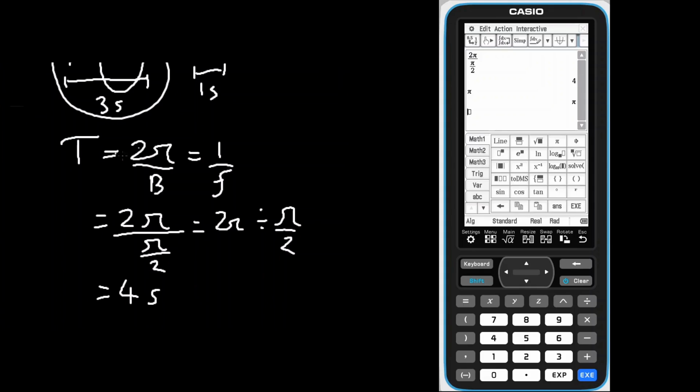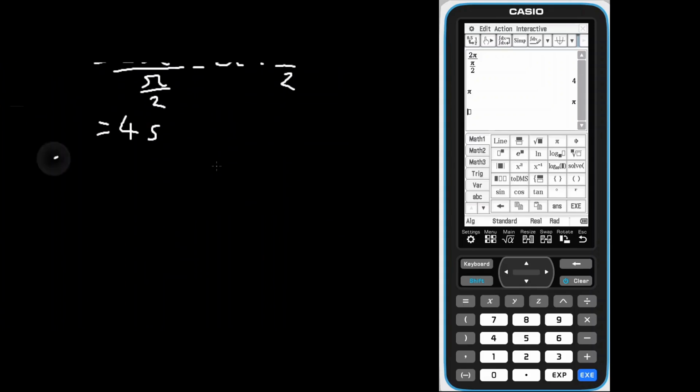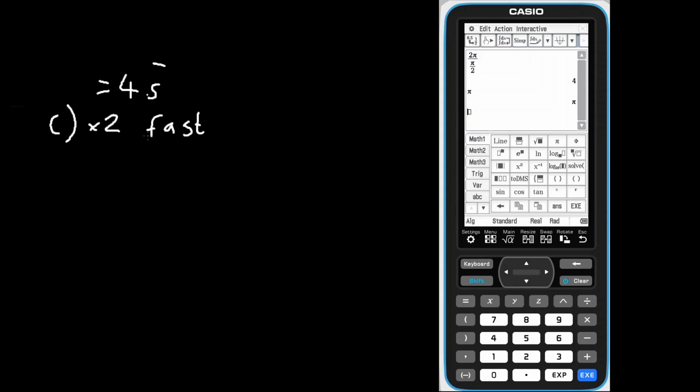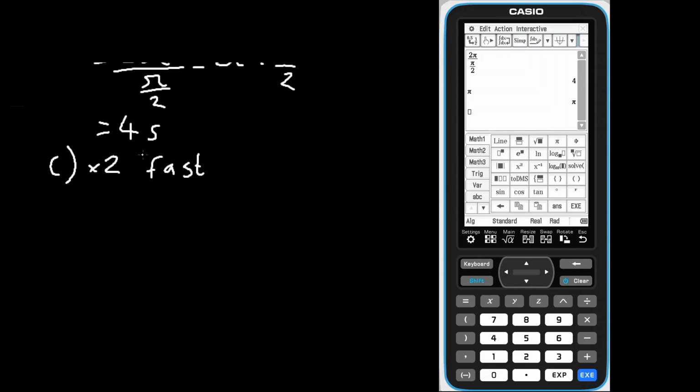Now, the next part, part C, asks us if the pendulum starts to swing twice as fast. So 2 times as fast. Write down the equation that models this. If you have a higher frequency, you move faster. So that value of b, if it goes up by 2, then it will be moving faster. But let me prove it to you.